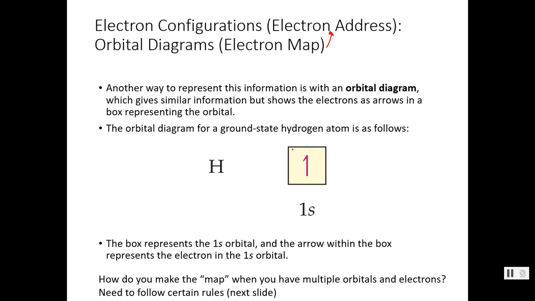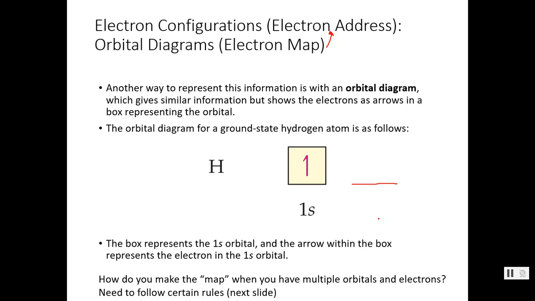Okay, so in an orbital diagram, in an electron map, we still use the principal quantum number and the orbital letter in that map. But to show that region of space, to show that orbital, we draw a box. Or sometimes people use lines as well, just to show the place where an electron resides.